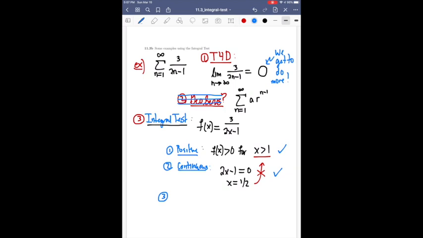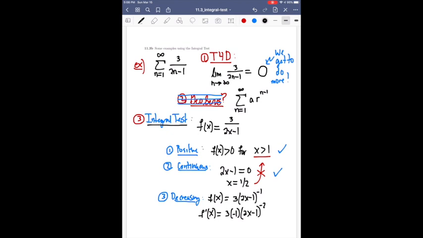And finally, the third thing we need to show is that this function f of x is decreasing. To do this, we're just going to take a derivative of this function and ask, is this derivative always negative for x values greater than 1? So f of x we can rewrite as 3 times 2x minus 1, all raised to the minus first power. So let's take the derivative. F prime of x equals 3 times negative 1 times 2x minus 1 to the minus 2 through power rule.